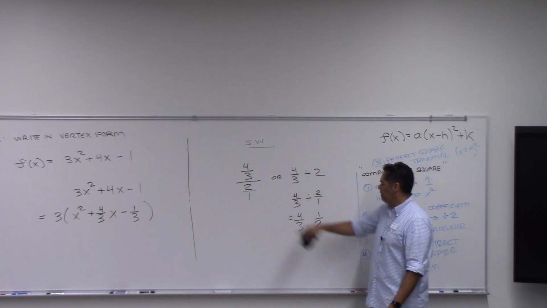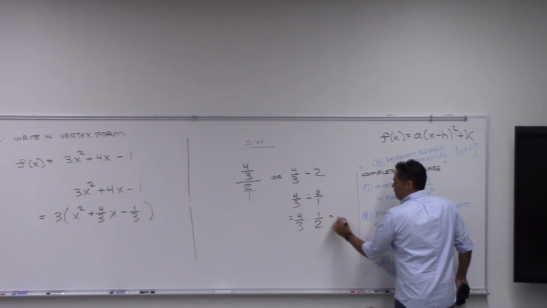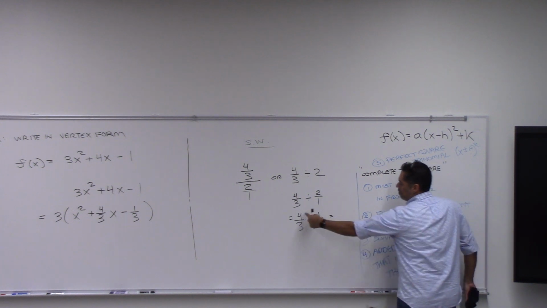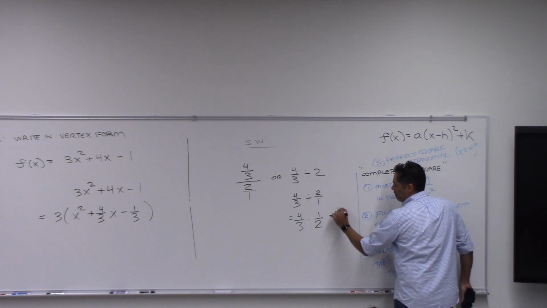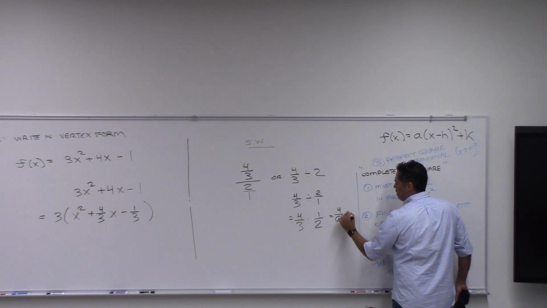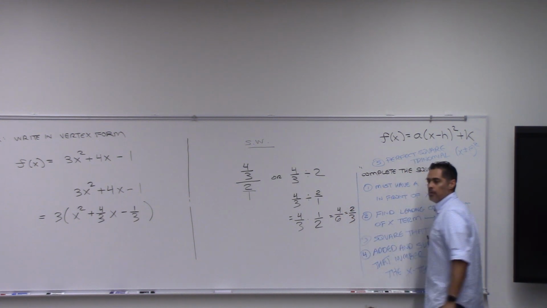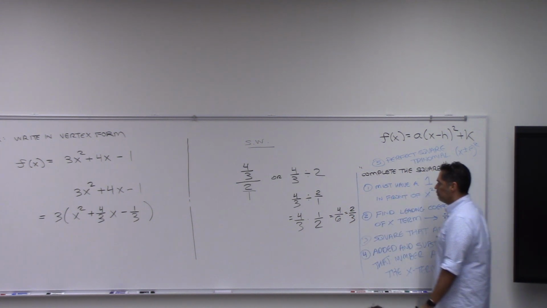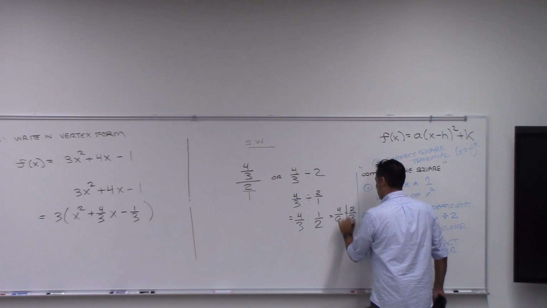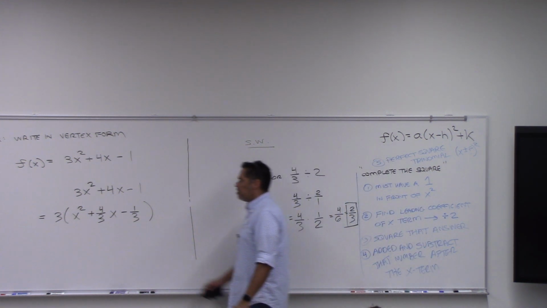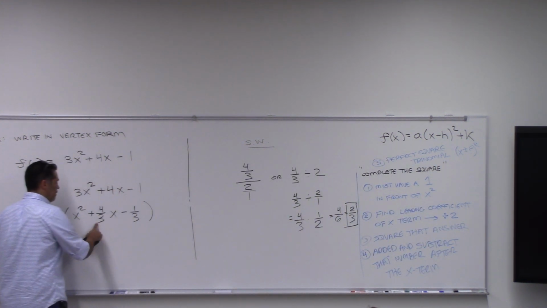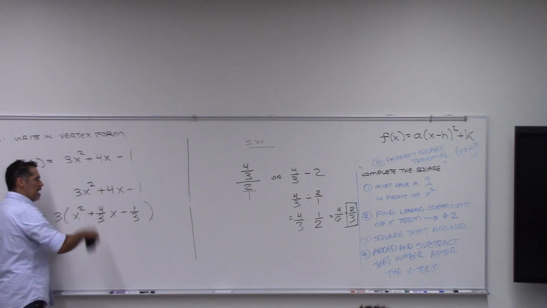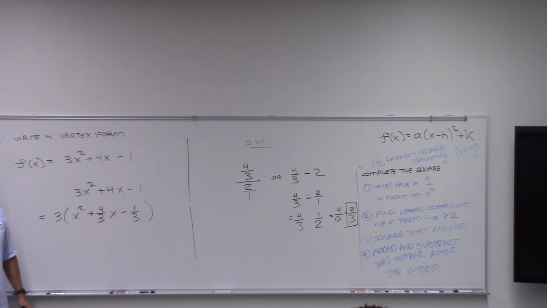Either way, you do it. Yeah, if you multiply across, you get 4/6, right? Or you could have reduced, and this becomes 2/3. 2/3. Okay? So I took the leading coefficient in front of the x, and I divided it by 2, and I got 2/3.